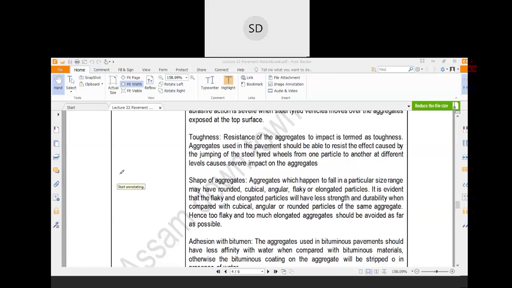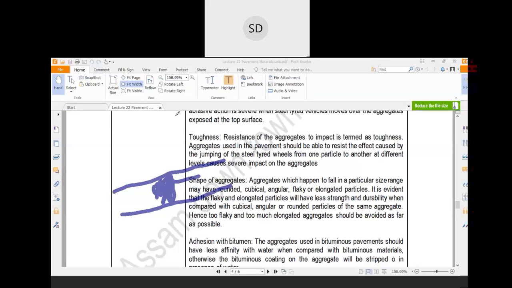what happens? Suppose there is a road surface and a speed breaker is there. If you drive your vehicle, whenever the vehicle crosses that barrier, it creates a sudden impact on the road adjoining that barrier.